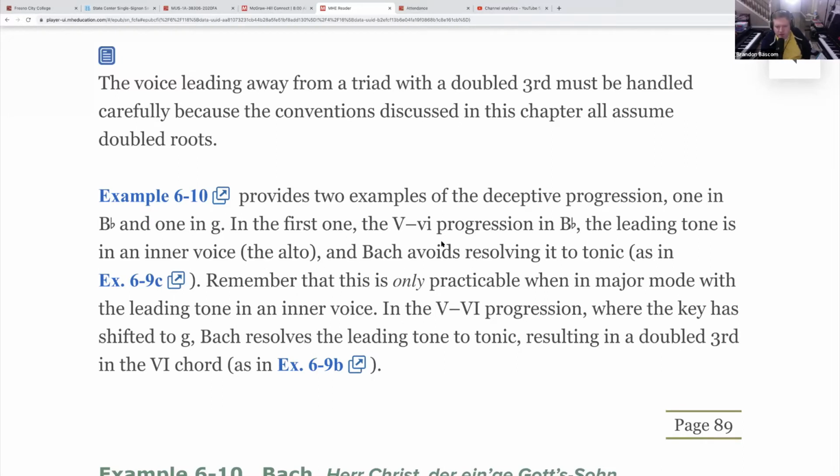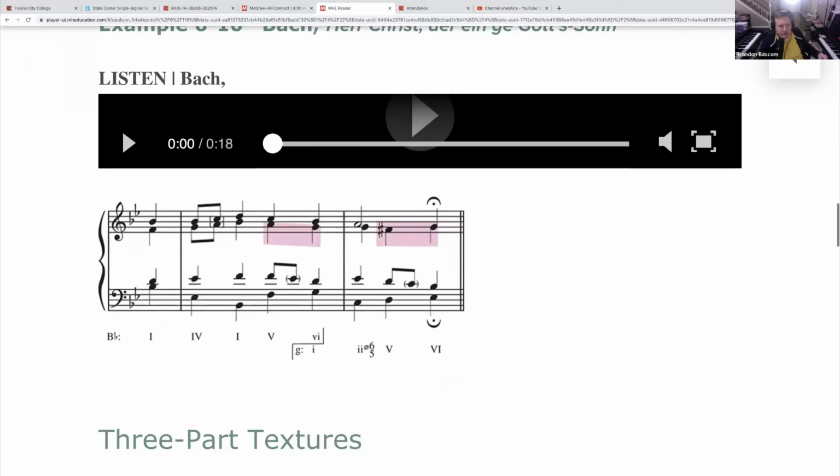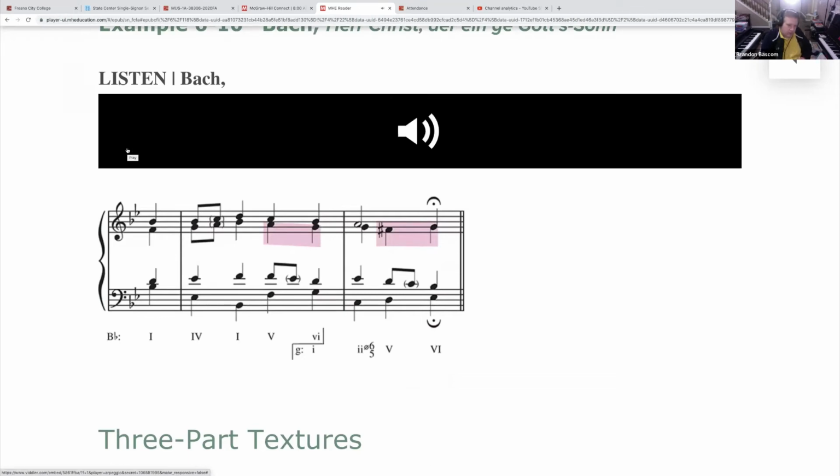In the major 5 to major 6 progression, where the key has shifted to G minor, Bach resolves the leading tone to tonic, resulting in a doubled third in the major 6 chord, as in example 6-9B. So let's take a look at this. Let's listen to it. Example 6-10.